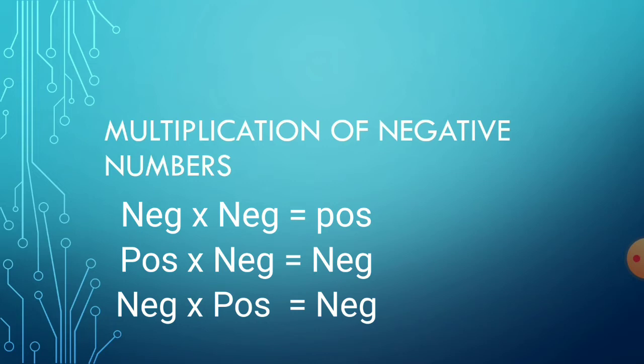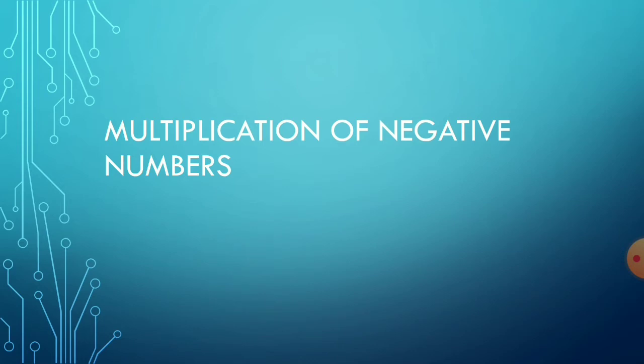So if any one of the two numbers is negative, then the product would always be negative. But if both the numbers are positive or both the numbers are negative, then their product will always be positive.